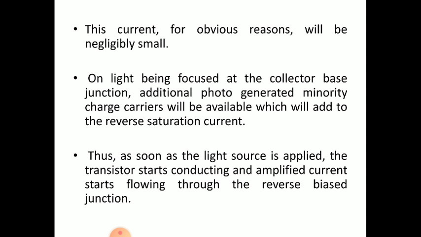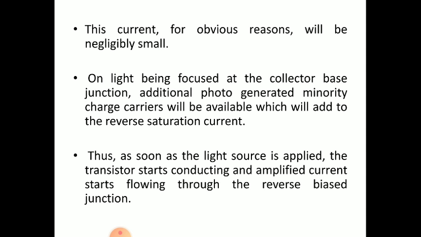On light being focused at the collector base junction, additional photo-generated minority charge carriers will be available, which will add to the reverse saturation current. So the light is made to radiate or concentrate on the JC collector junction.